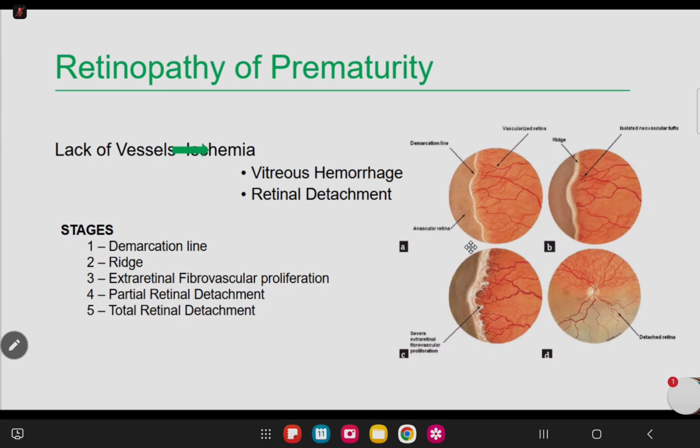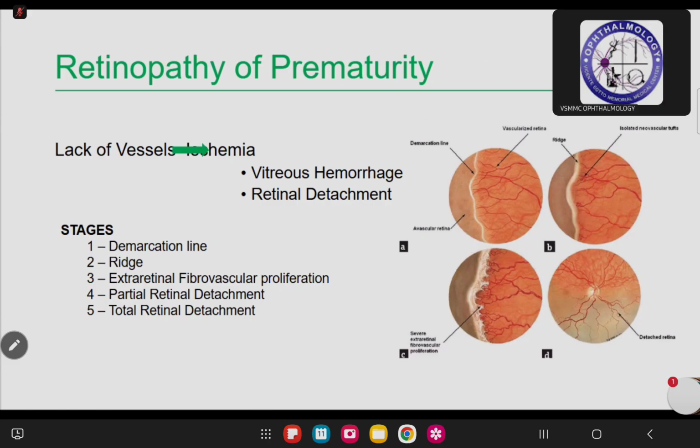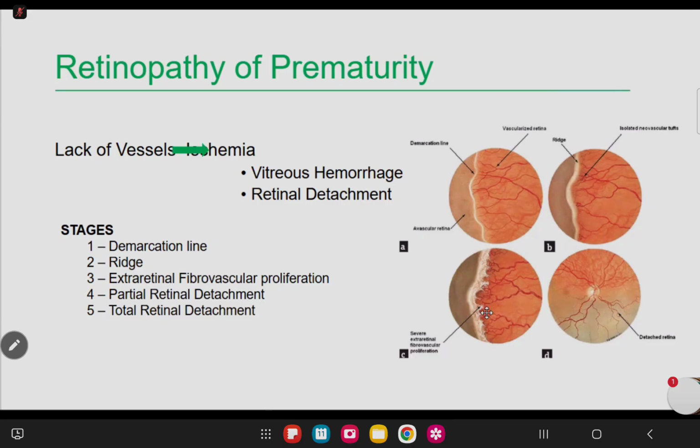So we have to be familiar with the stages also: the demarcation line at first, then a ridge is then obvious, and then the third stage would be an extraretinal fibrovascular proliferation or your neovascularizations. Now, as you can see, there is increased vascular formation in this area.